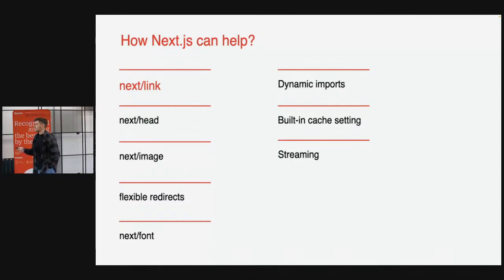So, next/link is an item from the Next.js library that can help you organize work with your links in the application. For better performance in scope of user flow, you can set some kind of preloading mechanism for links for a better user journey.